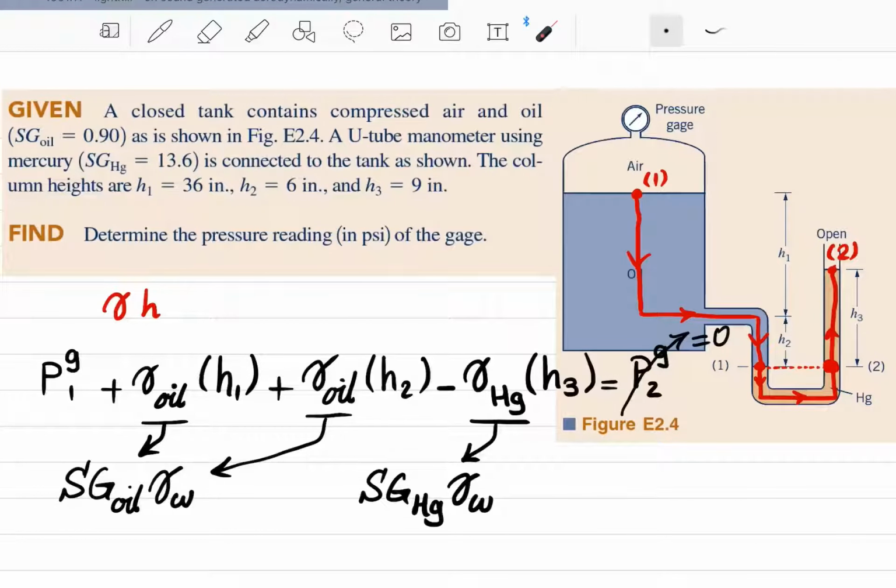So from here, this is given as 0.9. Gamma of water is known. The values of H1, H2, and H3 are all known. And also the specific gravity of mercury is given as 13.6. So we can easily find the value of gauge pressure at point 1.